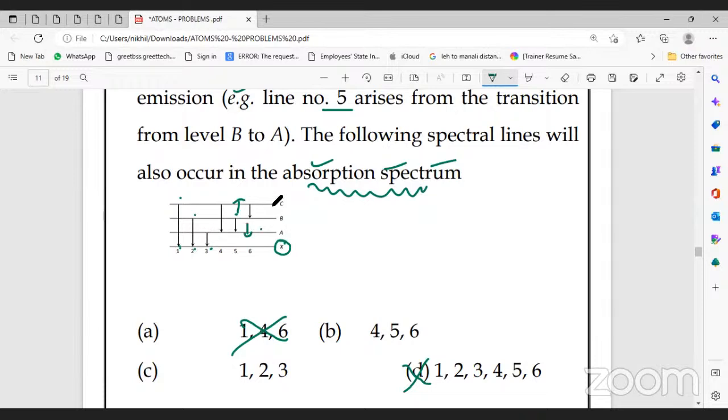So which lines occur in the absorption spectrum? 4, 5, 6, because all these three lines have reached the ground state. It is in the ground level, so we can give the energy easily to the higher orbits. So the lines in the absorption spectrum are 4, 5, and 6. You can go with option B.